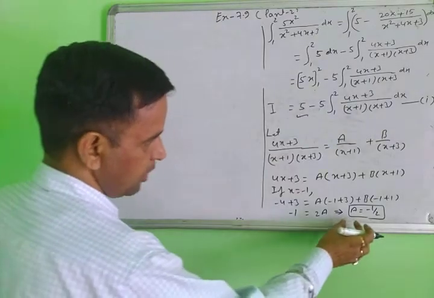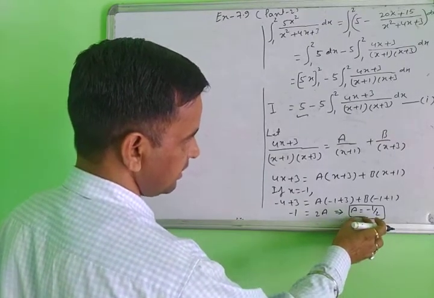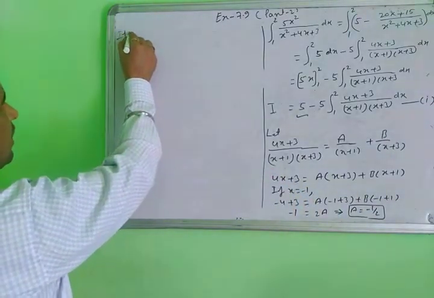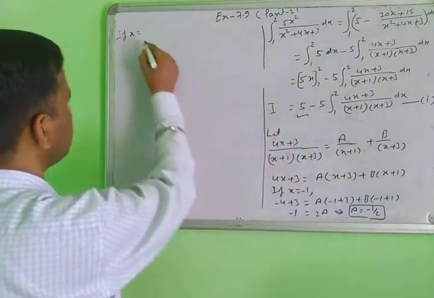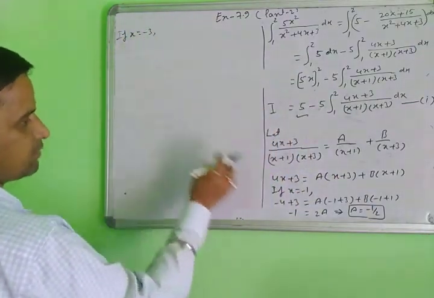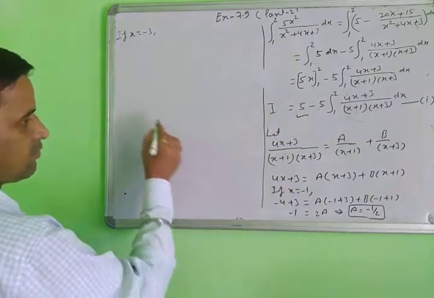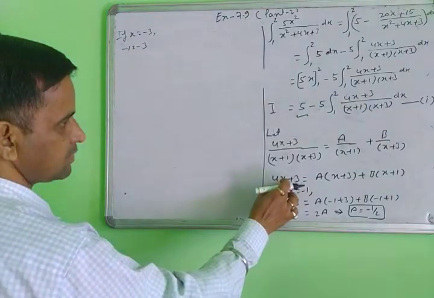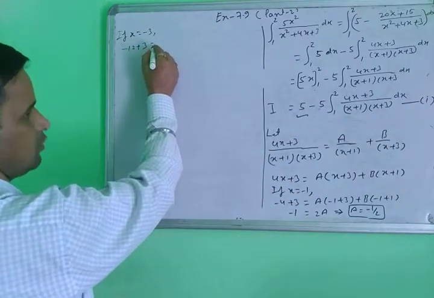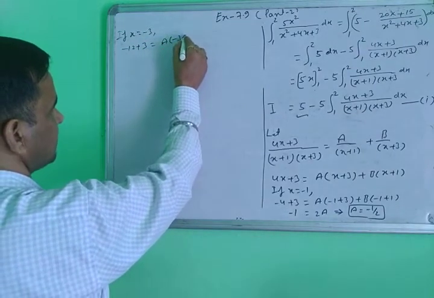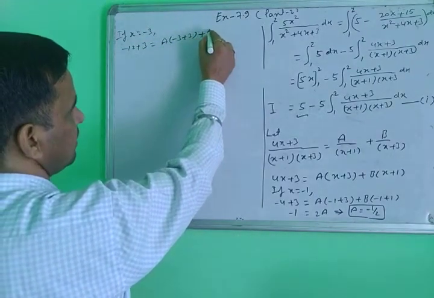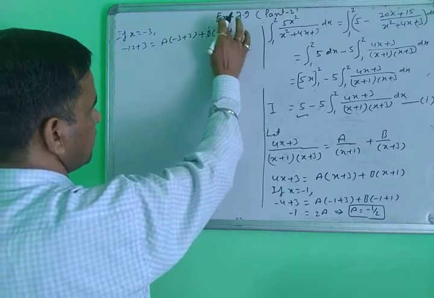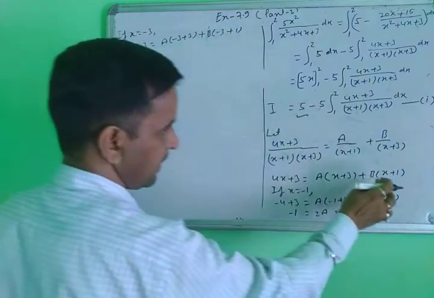You have already got the value of the constant a, then you find the value of b. Now, if x equals minus 3, then putting the value here, minus 3 times 4 is minus 12, and plus 3, you will get a times (minus 3 plus 3) and b times (minus 3 plus 1).